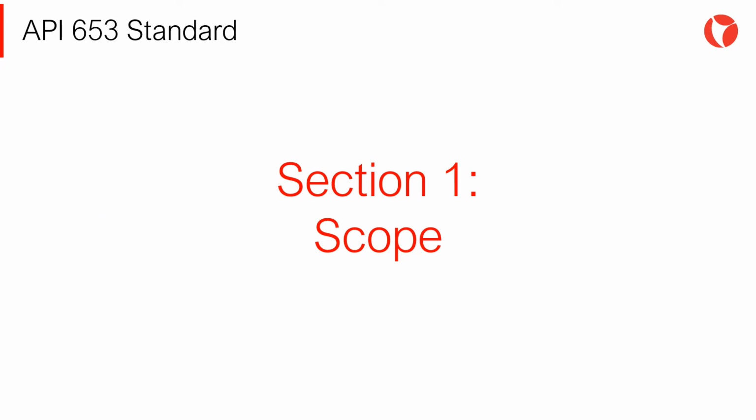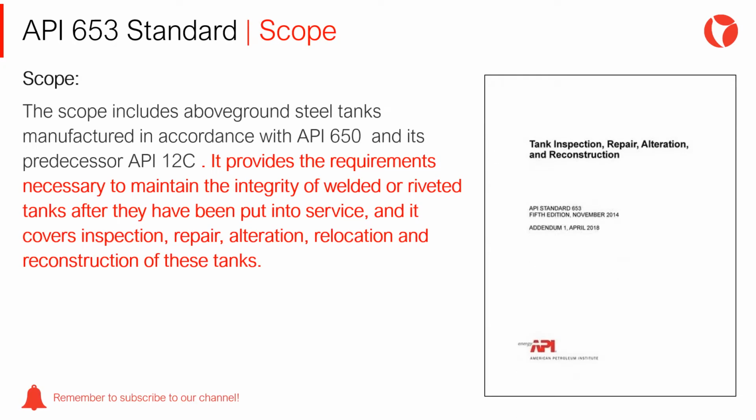Let's describe Section 1, the scope. The scope includes above-ground steel tanks manufactured in accordance with API 650 and its predecessor API 12C. It provides the requirements necessary to maintain the integrity of welded or riveted tanks after they have been put into service, and it covers inspection, repair, alteration, relocation, and reconstruction of these tanks.